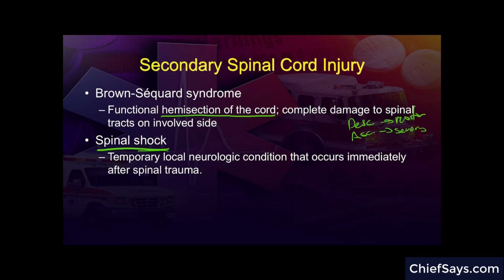Generally, spinal shock is the temporary local neurologic loss that occurs immediately after spinal trauma. This can last up to 24 hours before the signs resolve. So in our care, we may not be able to tell the difference between spinal shock and neurogenic shock because they may present similarly, although spinal shock proper would be temporary. For us, we won't be with the patient long enough to tell the difference, so we're probably managing the worst case scenario, which would be neurogenic shock. And neurogenic shock is not temporary.